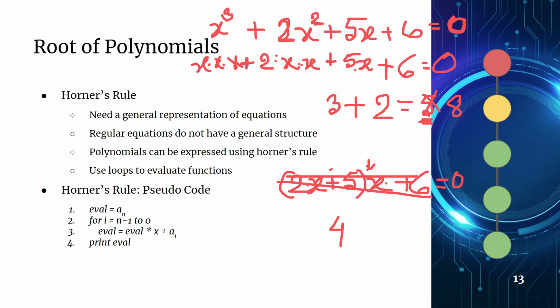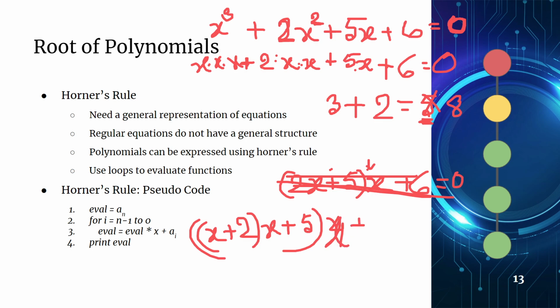But if we express the equation using this mechanism, the equation becomes x plus 2 into x plus 5 into x plus 6 equals to 0.